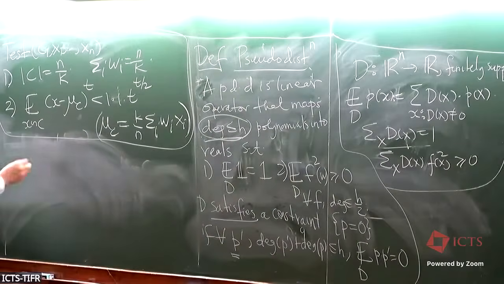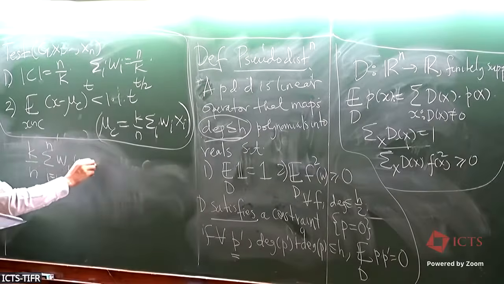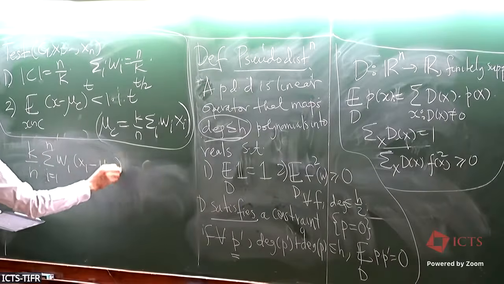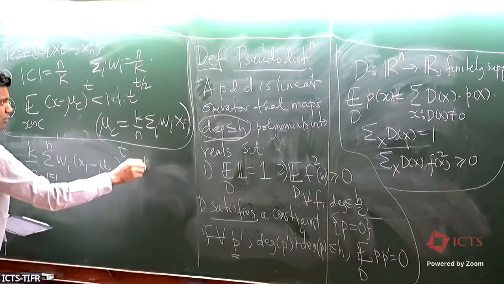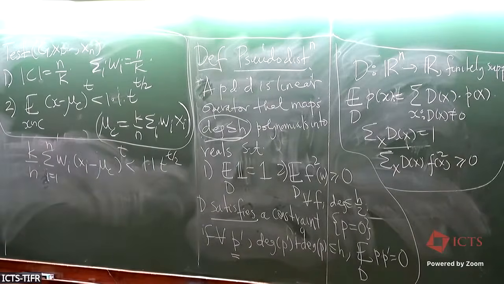This one is k over n, sum over i from 1 to n of w_i x_i, minus this polynomial to the t, is at most 1.1 e to the t over 2. The point is that this is a polynomial of degree t plus 1 in W. So both of them are polynomial inequalities.